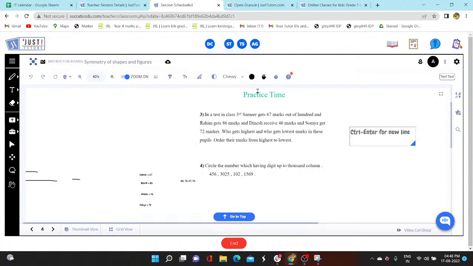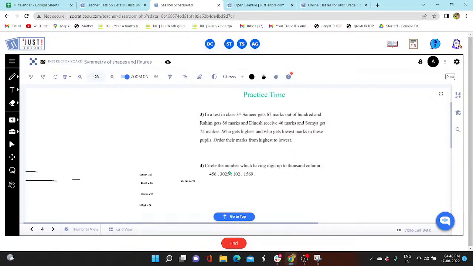We have to circle the numbers that have thousands. So as we can see over here, the first one is 456. 456 will not have 1000, so that's not correct. That will not be circled.